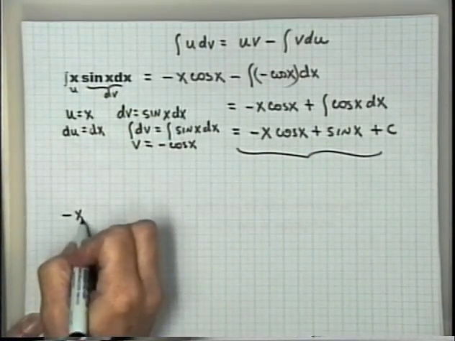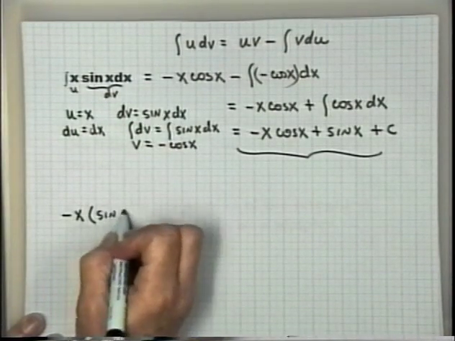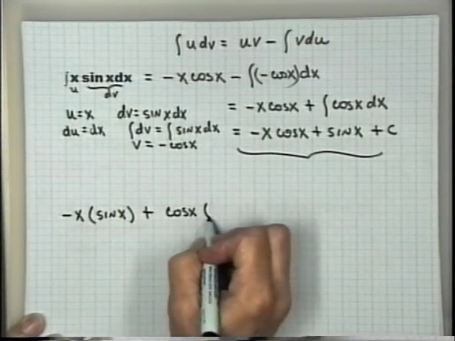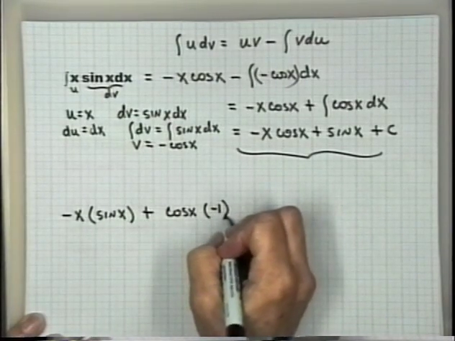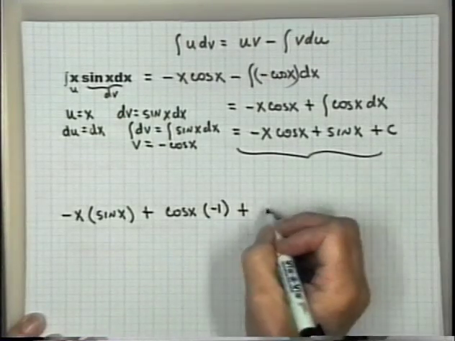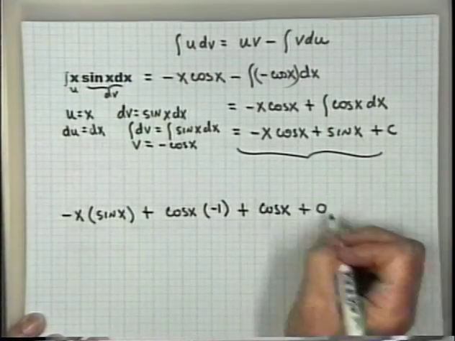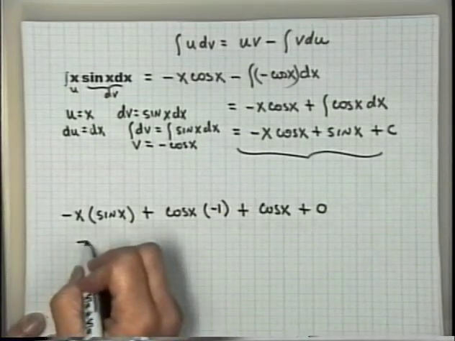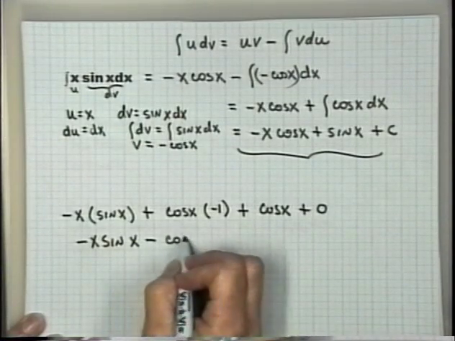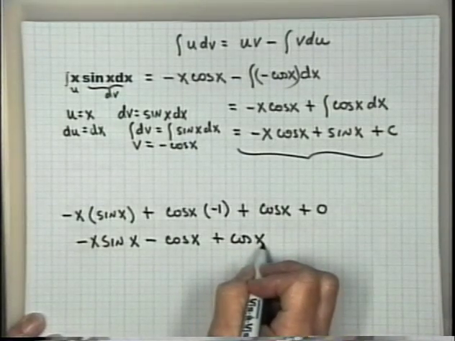The first function is negative x times the derivative of the second function, sine x, plus the second function, cosine x, times the derivative of the first function, which is negative 1. So I've used the product rule here. Plus the derivative of sine x is cosine x. The derivative of the constant is 0. I'm going to put that down for emphasis. Now let's simplify. I have negative x sine x minus cosine x plus cosine x.